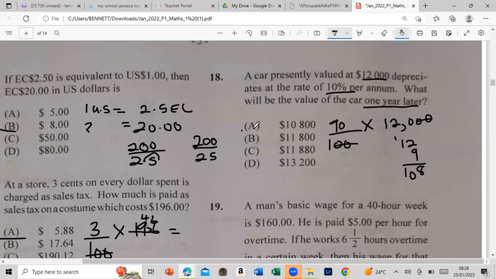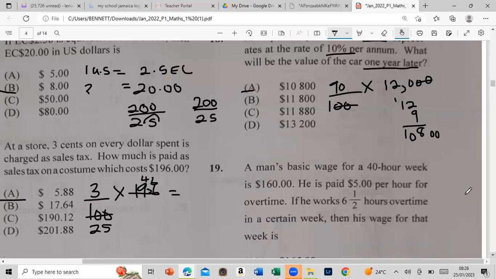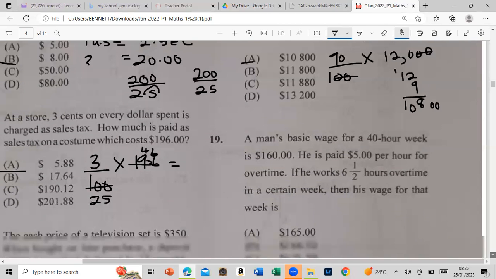So this will be it. Let's chop off the zeros, but we add them back. So that's 10,800. Wait, let me see the initial value. Hold on, let's see what the word is. Oh, 12. Yeah, that's correct. So it would be, alright.